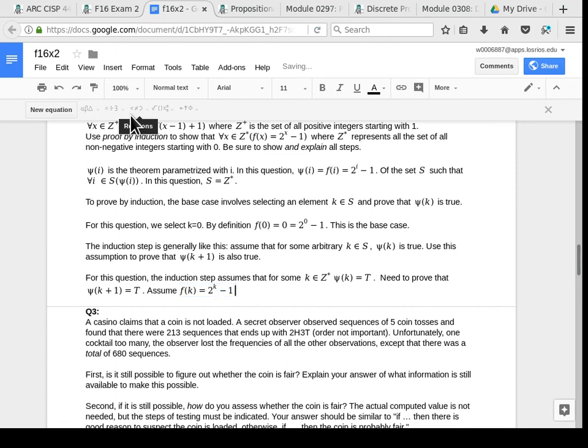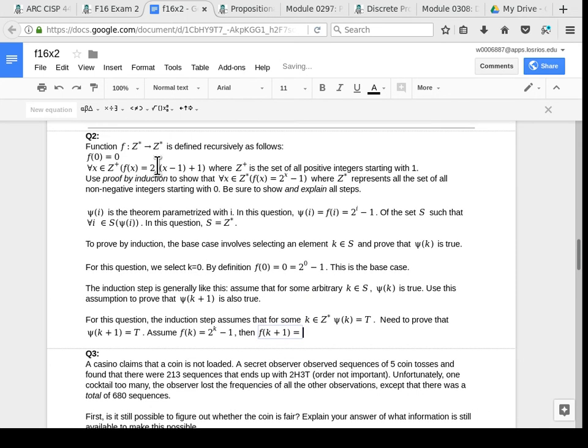This is the assumption. Then we can say something about f of k plus 1. By definition, f of k plus 1 is 2 times f of (k plus 1 minus 1), and then the whole thing plus 1.